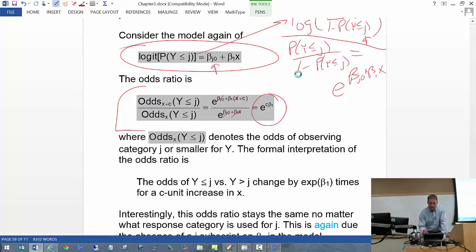And we're left with just simply e to the c times beta 1. Should look very familiar. So notice that this odds ratio is not dependent upon x at all. Also, notice that the odds ratio is not dependent upon the level of j. So that can be helpful with our interpretations.